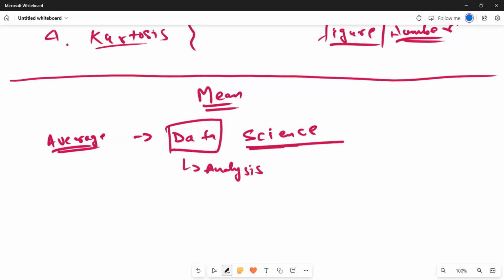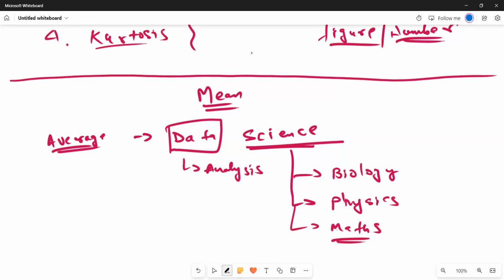And when we apply scientific techniques, science is majorly built off, if we leave apart the biology part, physics and mathematics. In machine learning, we are majorly concentrating on mathematics because we are applying mathematical techniques.